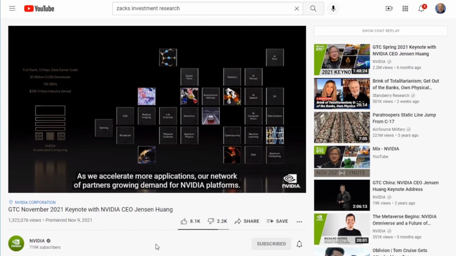As we accelerate more applications, our network of partners experience growing demand for NVIDIA platforms. Starting from computer graphics, the reach of our architecture has reached deep into the world's largest industries. We start with amazing chips, but for each field of science, industry, and application, we create a full stack. We have over 150 SDKs that serve industries from gaming and design to life and earth sciences, quantum computing, AI, cybersecurity, 5G, and robotics.